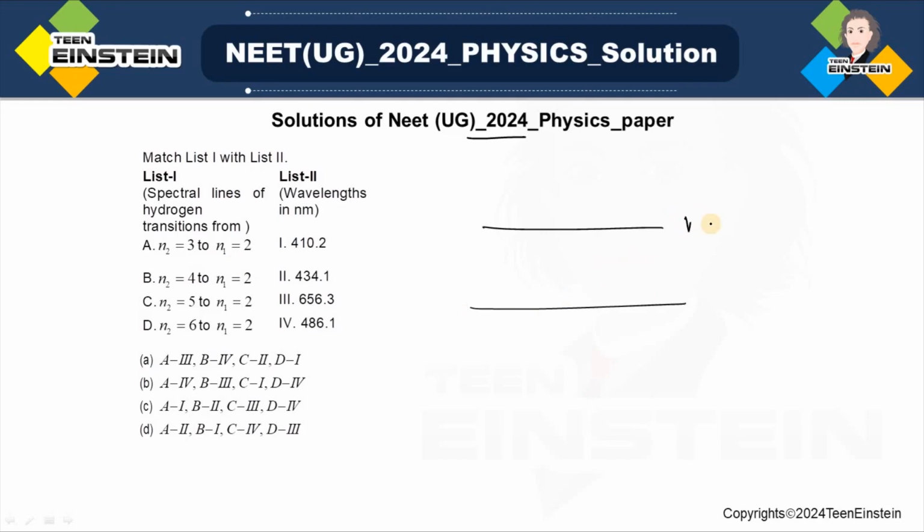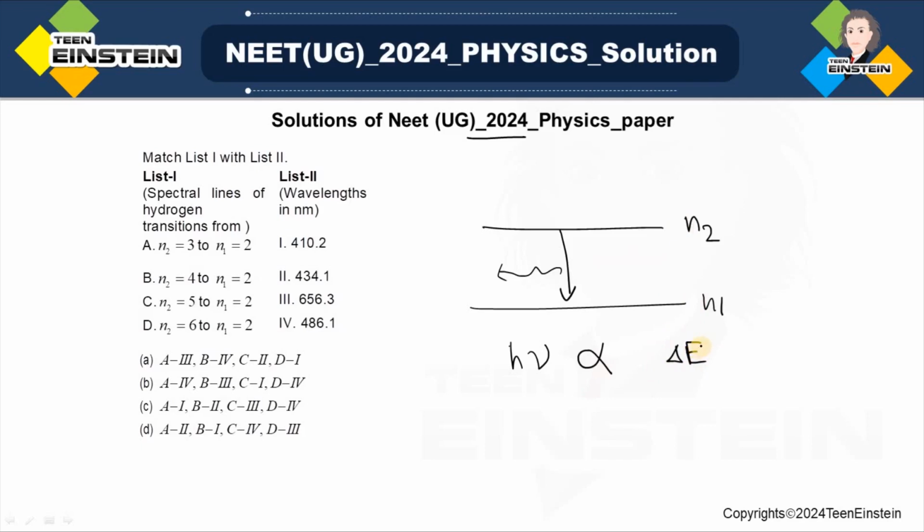See, suppose this is my n2 and this is n1. When there is a transition, the frequency or the energy of the radiation emitted is directly proportional to the energy difference between the two energy levels.